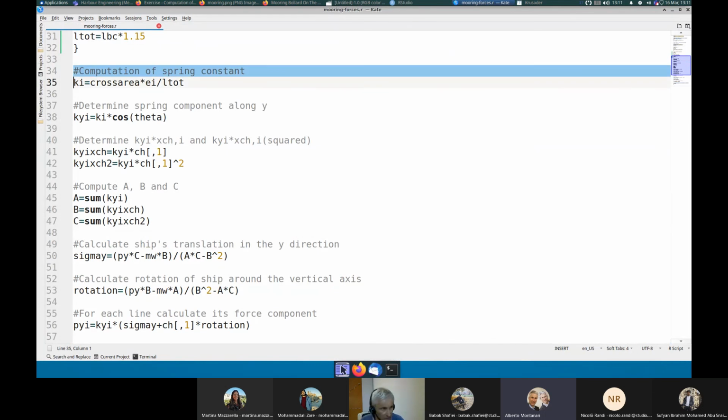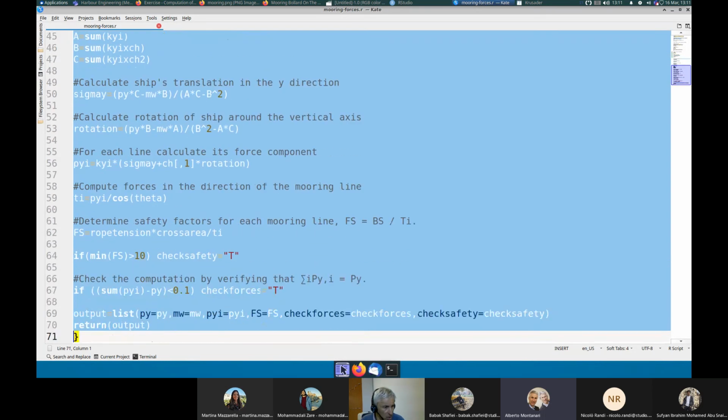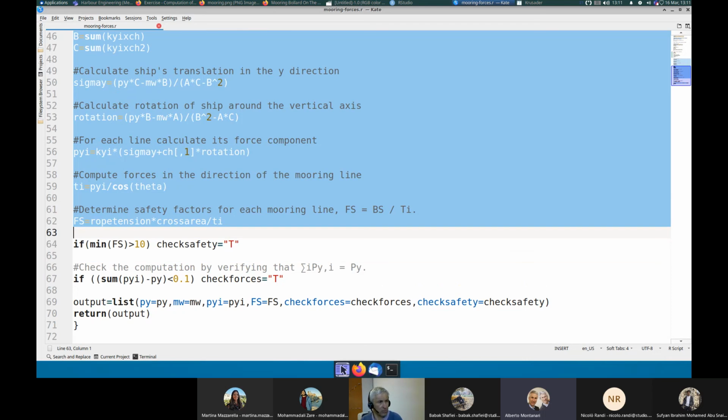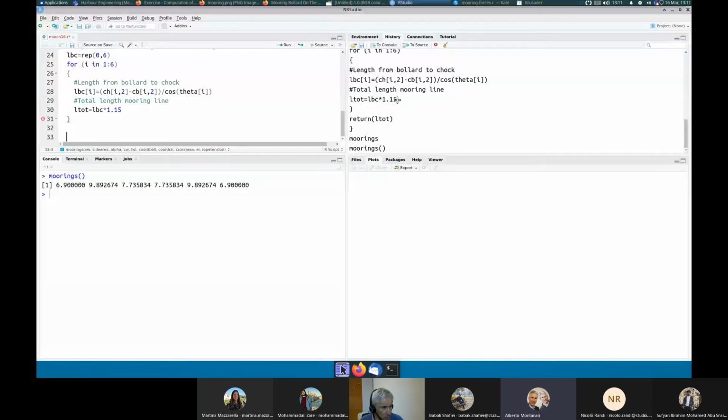Let me select everything down to the end of the function. Okay, not to the end. Let's stop here. Good. I copied it. I go to R. I paste it. What happens here? Just 1 second.